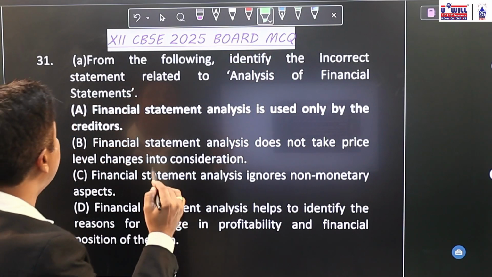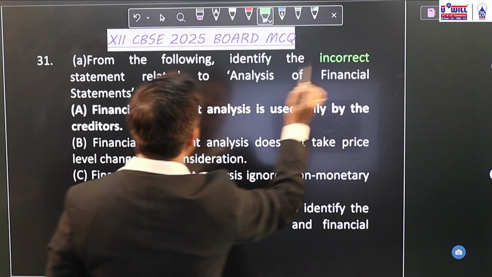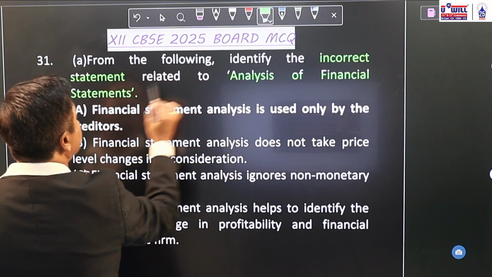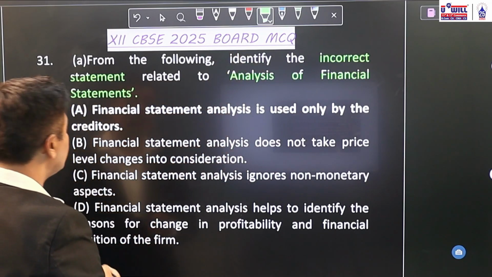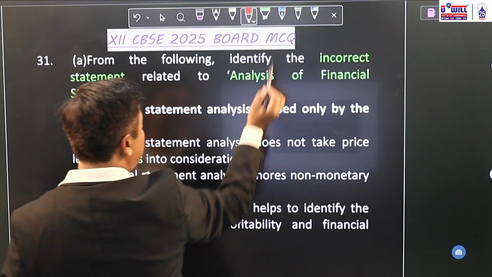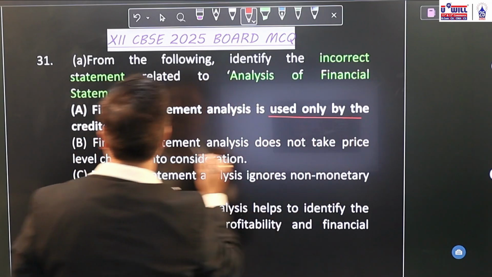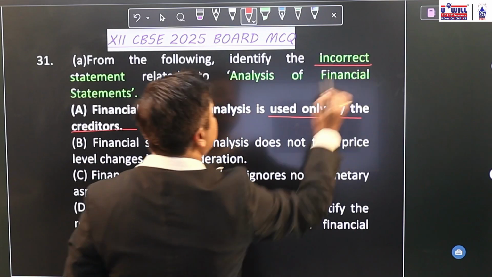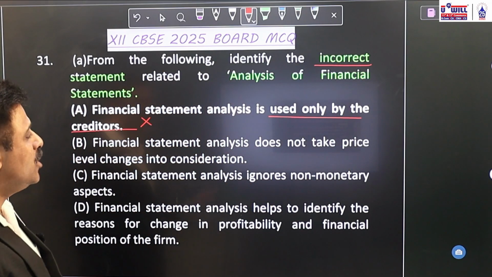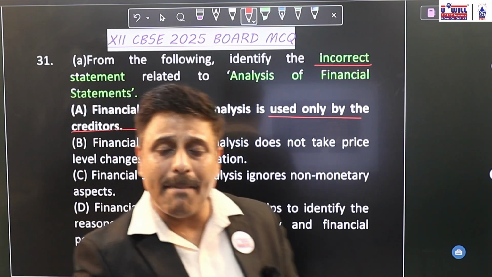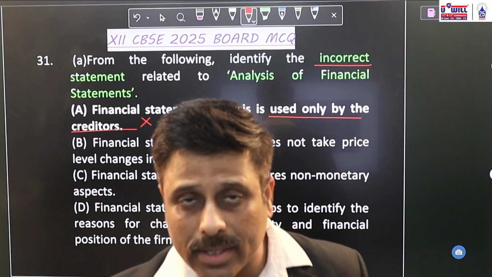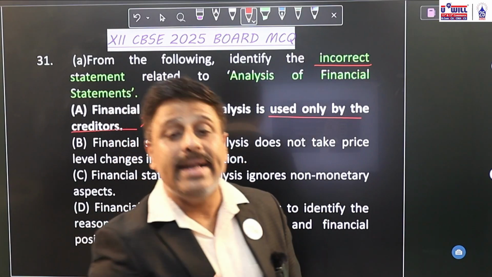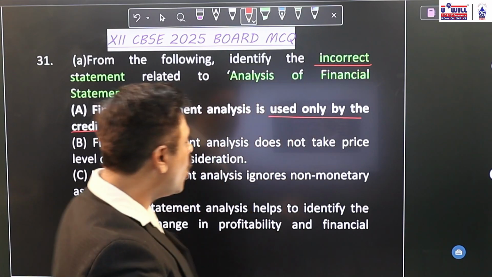From the following, identify the incorrect statement related to analysis of financial statements. Let's read them. Financial statement analysis is used only by the creditors. No, this is incorrect. Financial statement analysis is used by bankers, shareholders, debenture holders, government, debtors and employees, not only by the creditors.